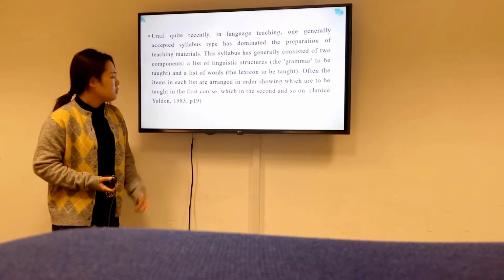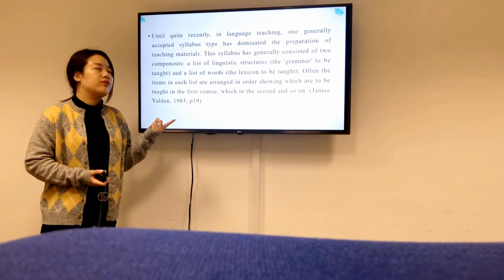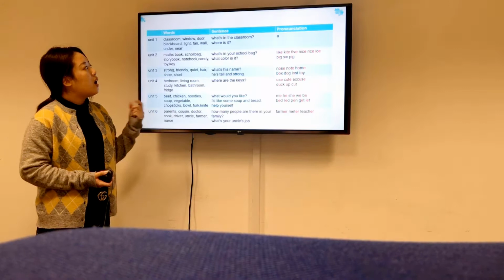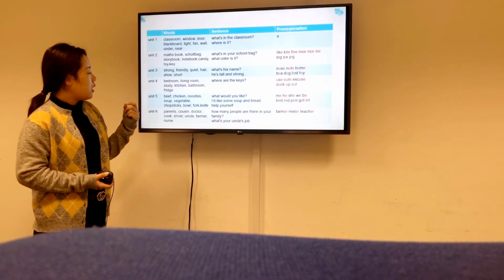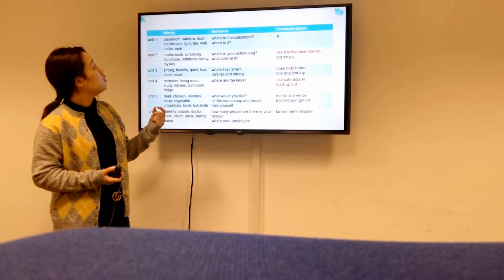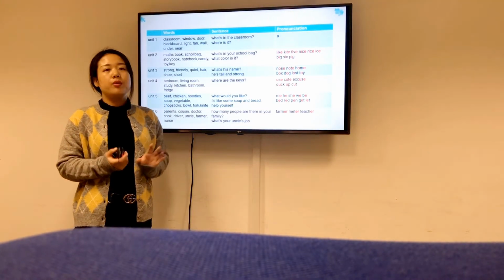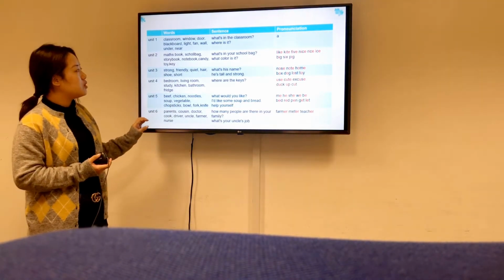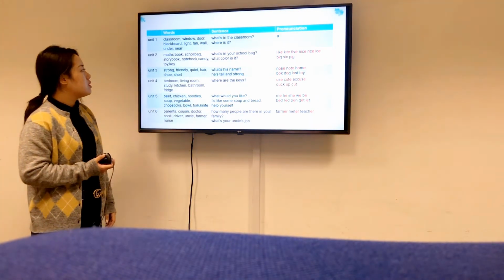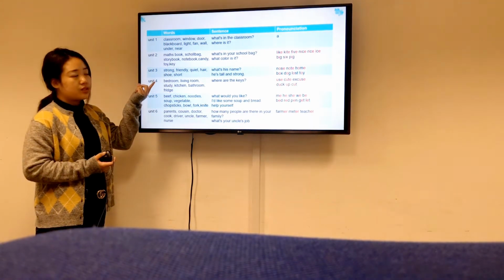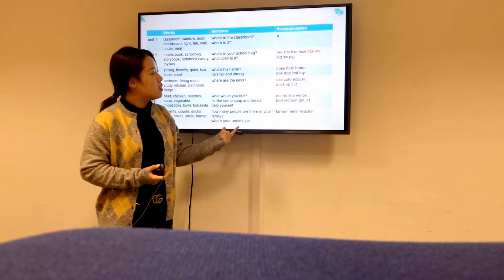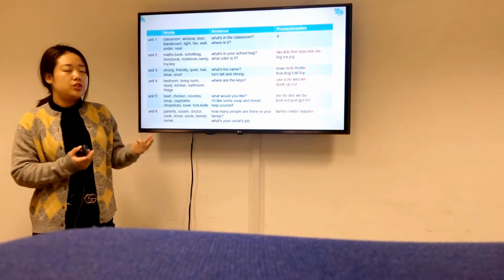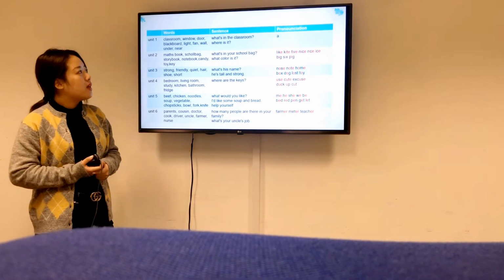So according to this definition of the traditional syllabus design, I analyzed the units in this book and give you the content of the syllabus design. So you can see there are six units, and there are some words and sentences the teachers need to teach.